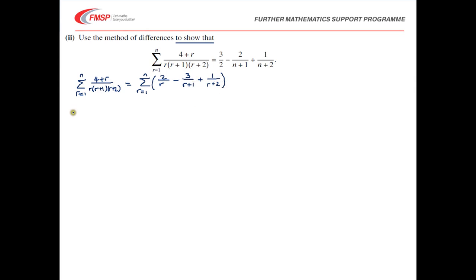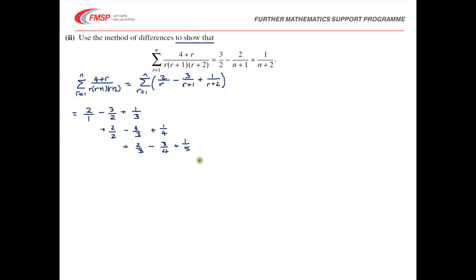And now you start doing terms. So don't simplify, because simplifying tends to hide the patterns. So 2 over 1 minus 3 over 2 plus 1 over 3. And then if r is 2, 2 over 2 minus 3 over 3 plus 1 over 4. And if r is 3, plus 2 over 3 minus 3 over 4 plus 1 over 5.